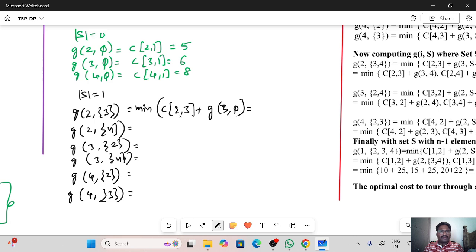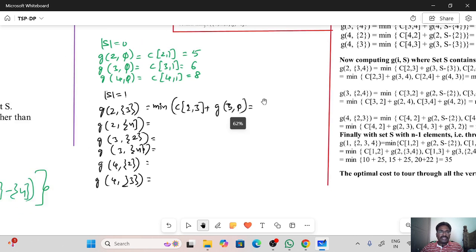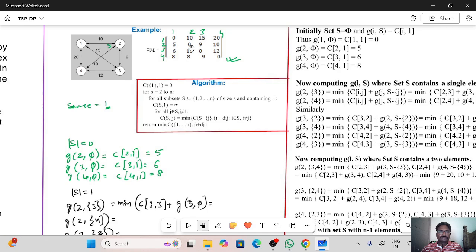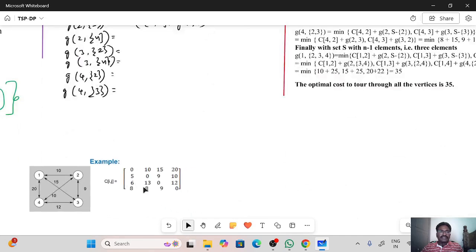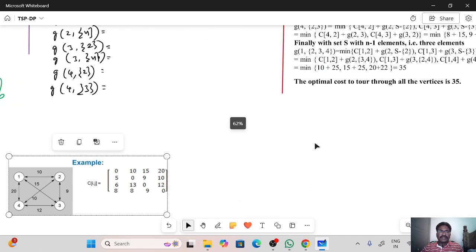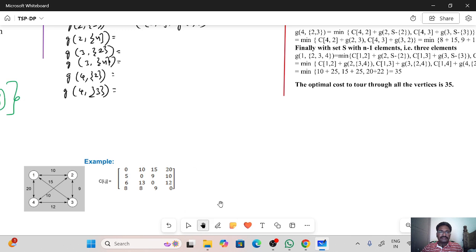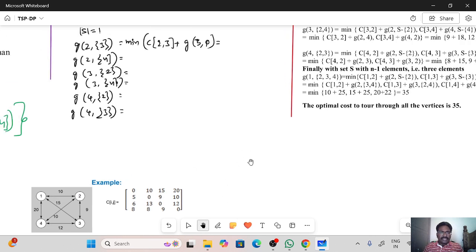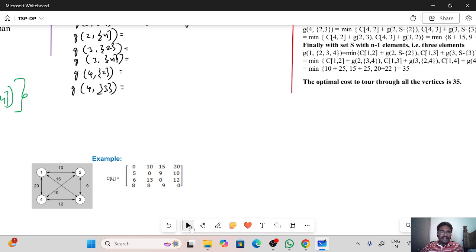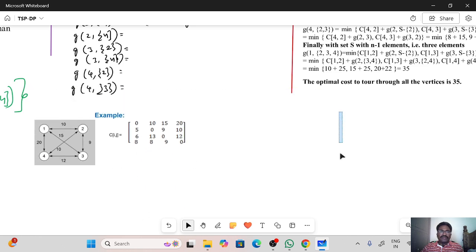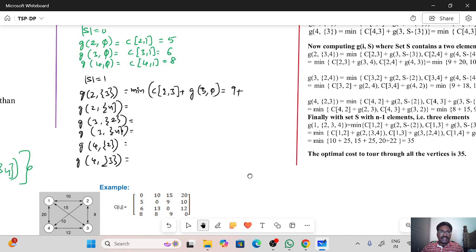So, what is the cost of 2 3? 9, plus g of 3 phi. Earlier we calculated g of 3 phi as 6. So, 9 plus 6 is 15.